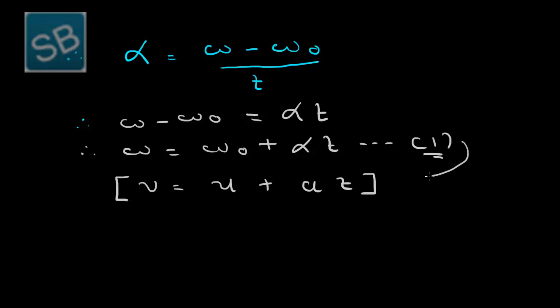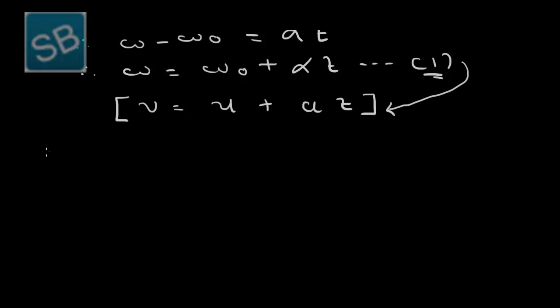So as I started this theory, it is related with the kinematic equations of linear motion. Now we are going to discuss the angular displacement, as the angular acceleration is constant.